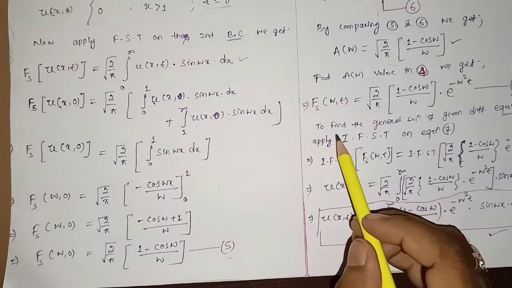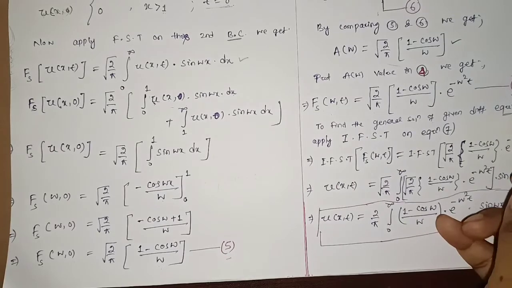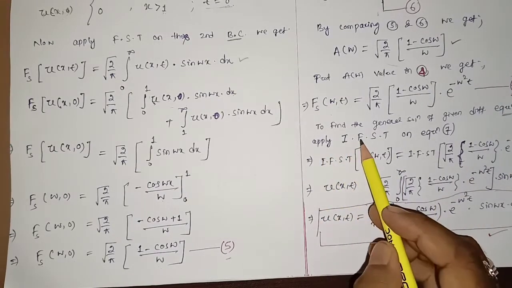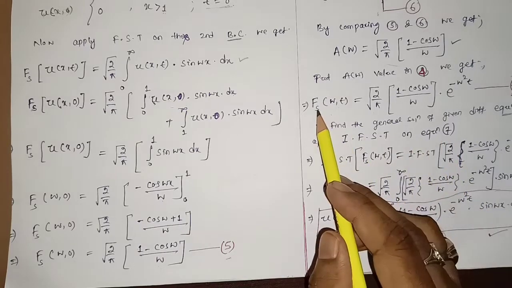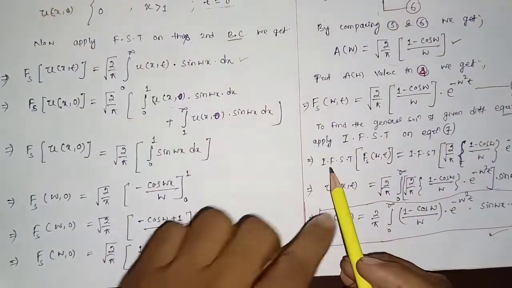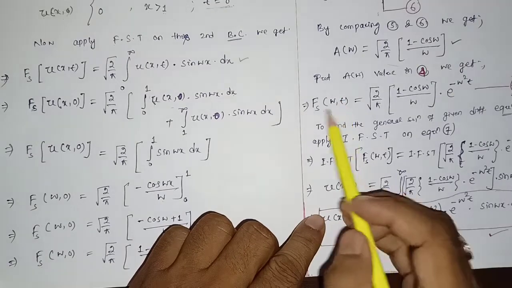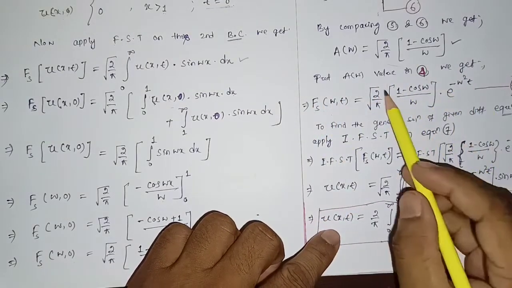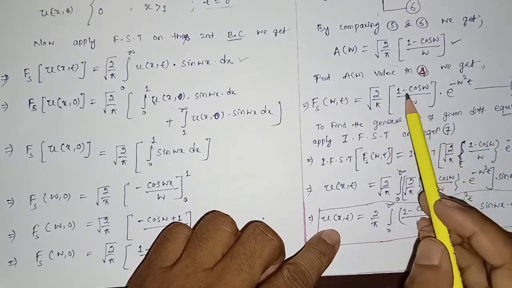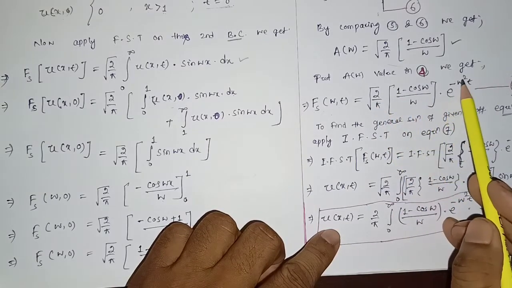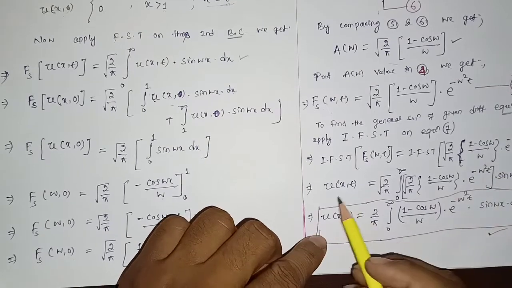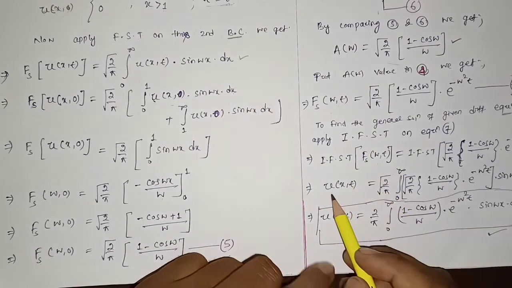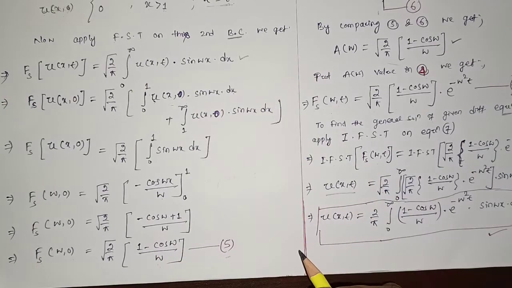We have to do so to find the general solution. That means apply the inverse Fourier sine transform on equation number 7. On the left hand side, we apply it over the whole function, which is written as 2 by pi root over (1 minus cos omega) by omega, e to the minus omega square t. The inverse Fourier sine transform applied on this will be small u(x,t), right?